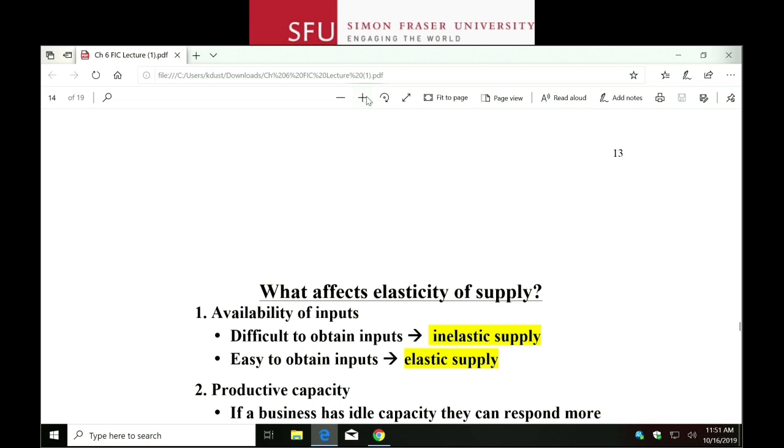So if your production requires building space or some type of major equipment, do you have that already, or would you need to get it? So if you are, say, making pizzas, and let's say you have a pizza factory, and you've already got the building. Let's say right now, though, you're only making pizzas from 9 to 5, 9 in the morning to 5 in the afternoon, and then you want to increase your pizza production.